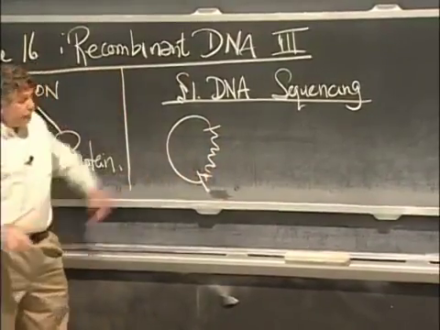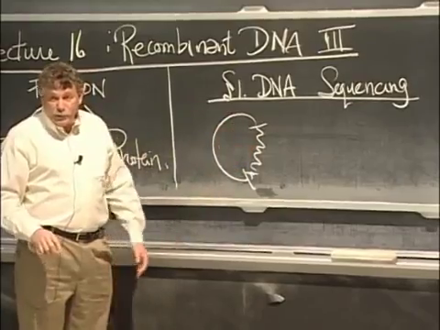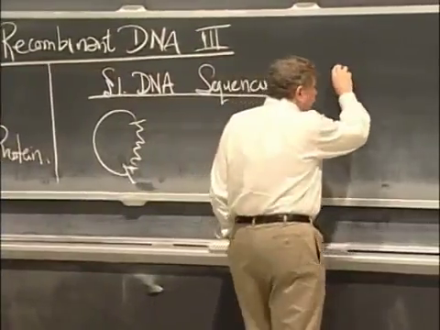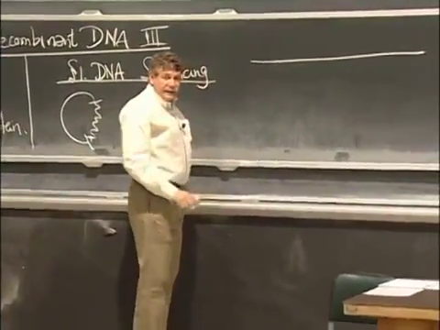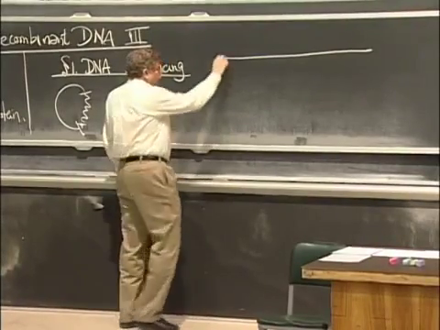The clone had this vector, it had this insert. The insert is now of interest to us. We wish to sequence it. And we talked before about taking that piece of DNA and subjecting it to sequencing. We started with a primer.